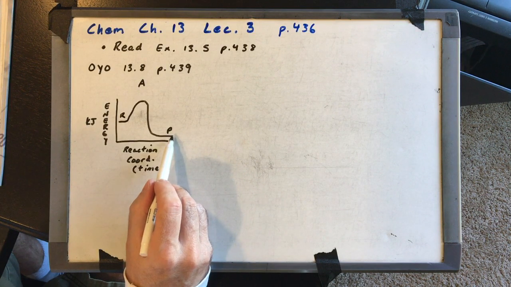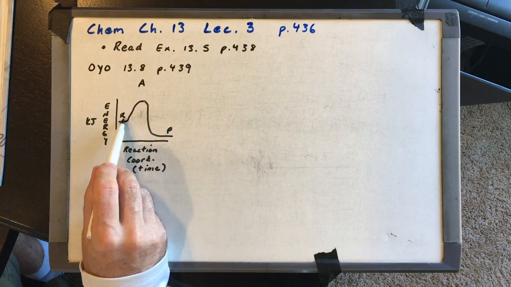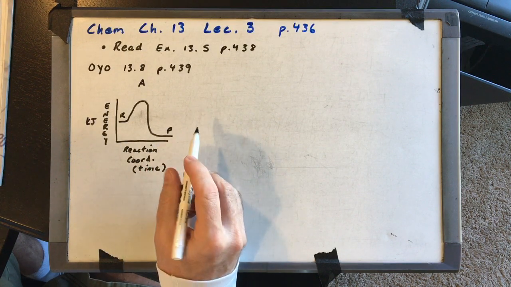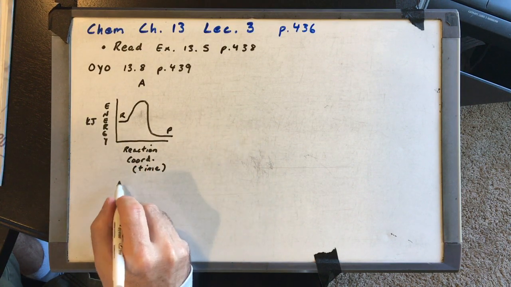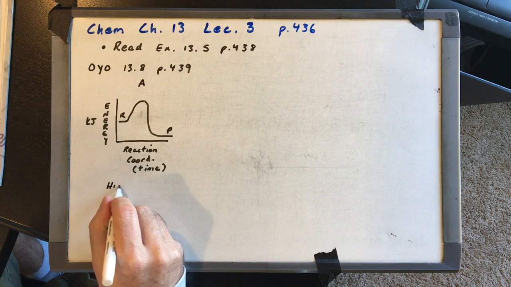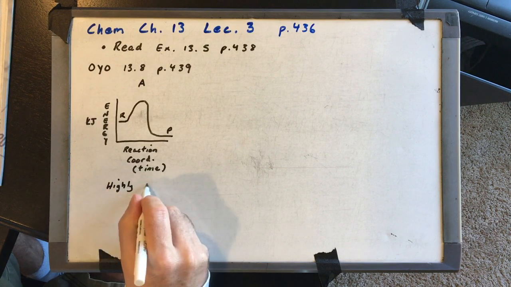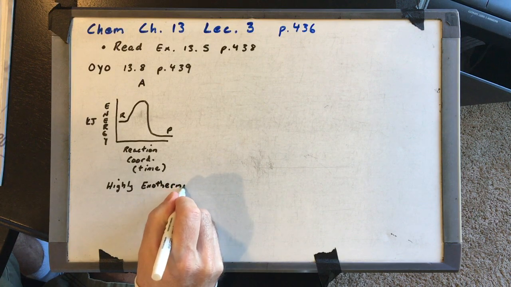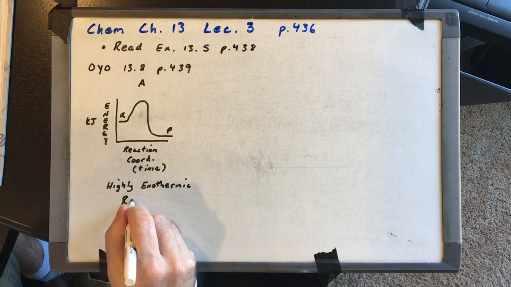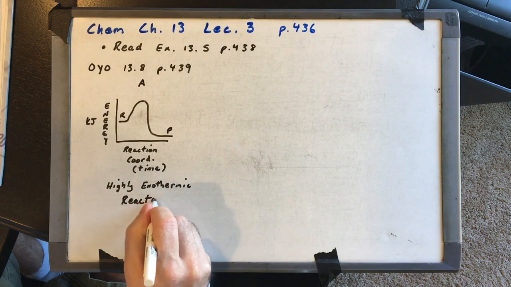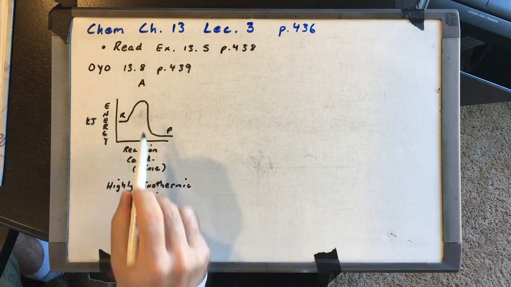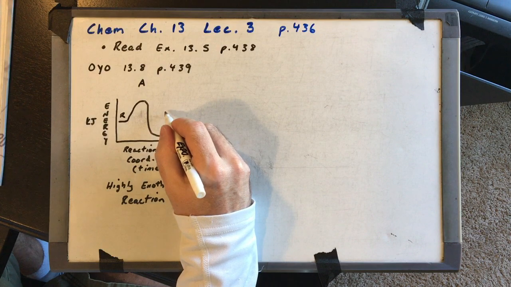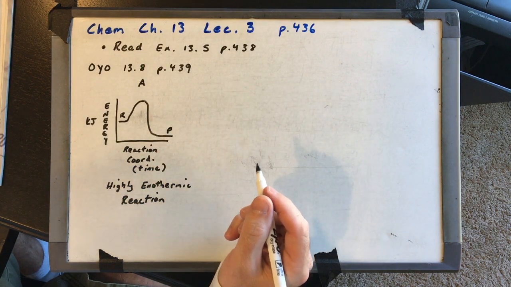So that means if we took the energy of the products and subtracted the energy of the reactants, it would be very negative. So this is an example of a highly exothermic reaction. The energy of the reactants is much greater than the energy of the product. So all of that extra energy is released to the surroundings.